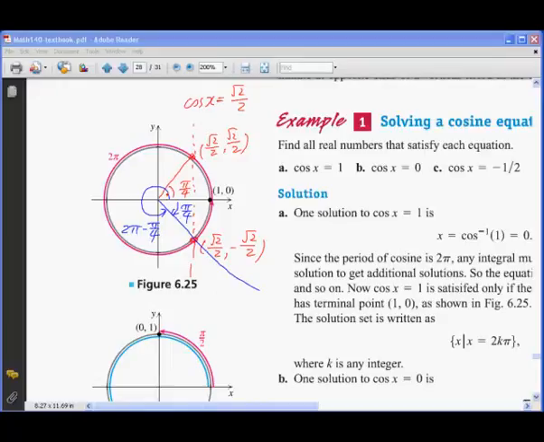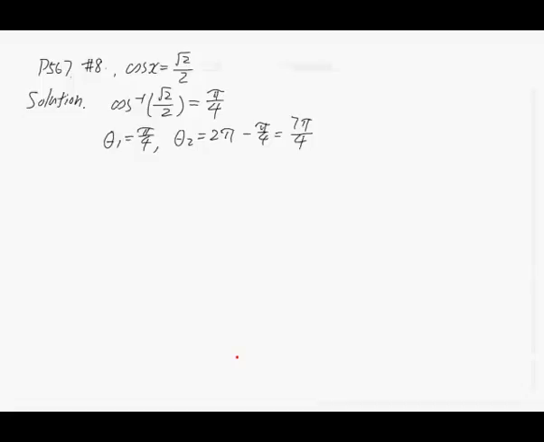And this is 7 pi over 4, right? So now, after we find these specific solutions, we just need to add the multiple of 2 pi to these two specific solutions to form the general solution.